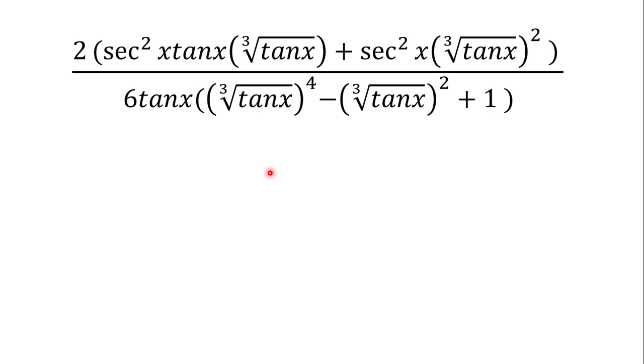We have 2 here and also 2 here, so we can factor out the 2. We use that 2 to reduce this 6, and 2 will cancel out with this 6 and give us 3. So then you're going to get the whole of this over 3 tangent x multiplied by the whole of this.